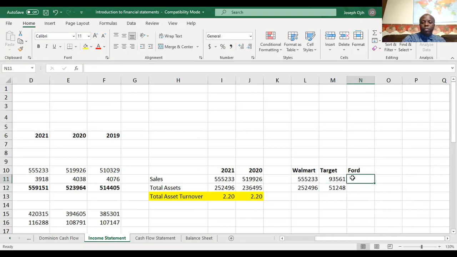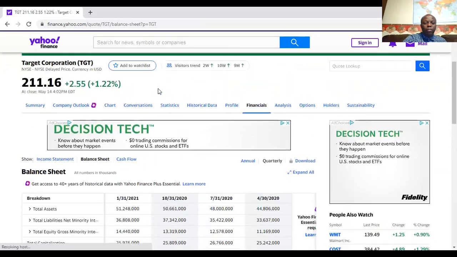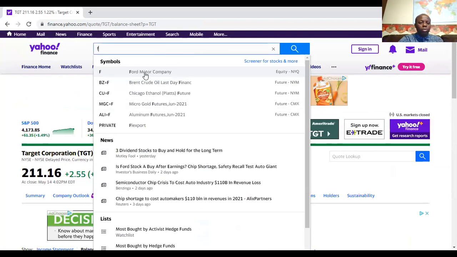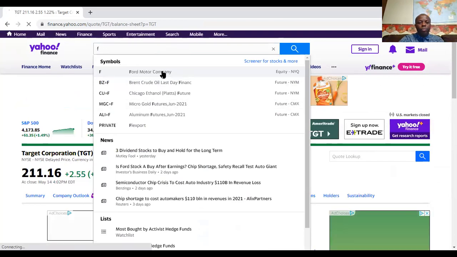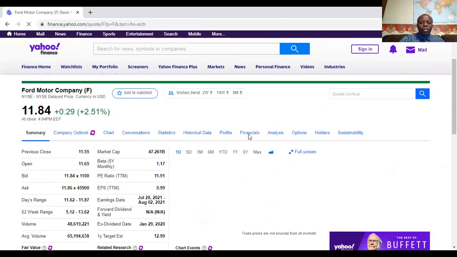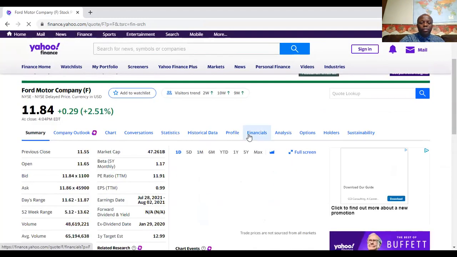And let's do the same for Ford. We go to Yahoo Finance again and find Ford's information. Ford's trading symbol is F, so I'm going to put F there to bring up Ford Motor Company. You can see right here, Ford Motor Company. Then we can look at the financials to see what they have.